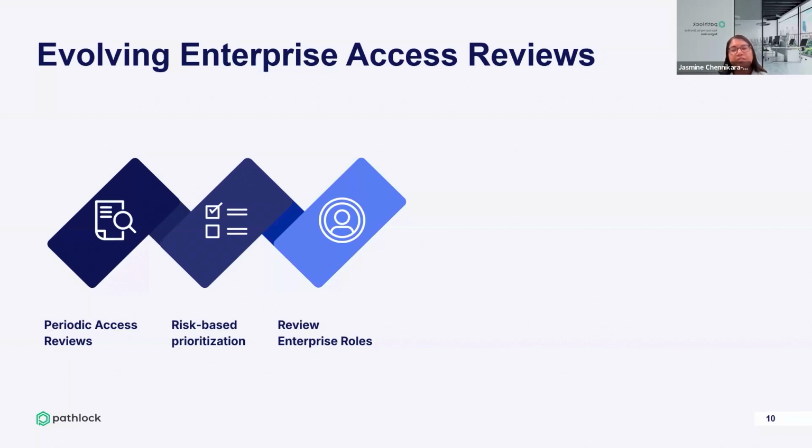This elevates the conversation for the reviewers. They can now focus on the business context, the organizational changes, the team structure, and the evolving responsibilities, instead of digging through technical details like transaction codes or obscure permissions associated with the technical role. So instead of overwhelming reviewers with complexity, we give them data that's streamlined, cleaner, more consistent, and aligned with real job responsibilities. So we're not burning out the reviewers.